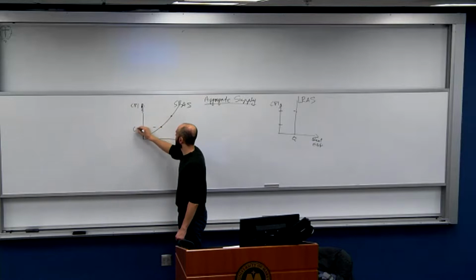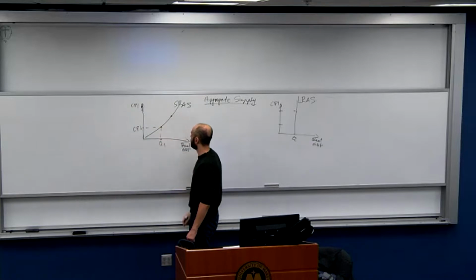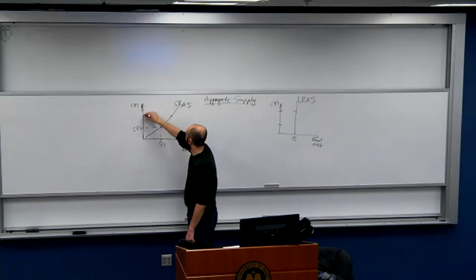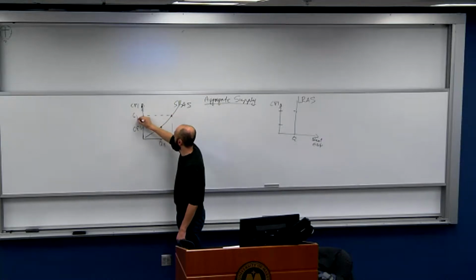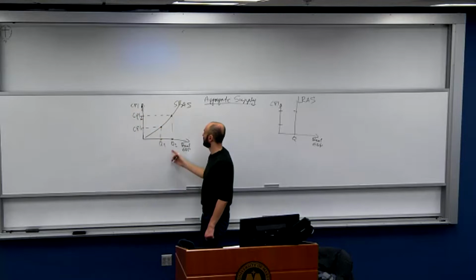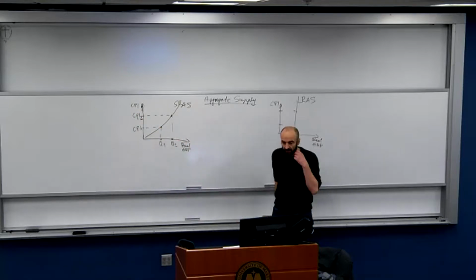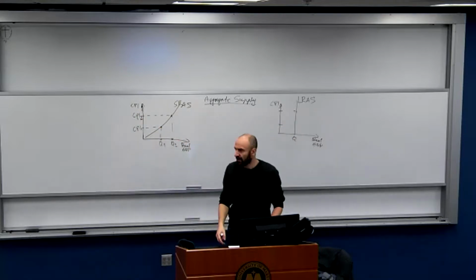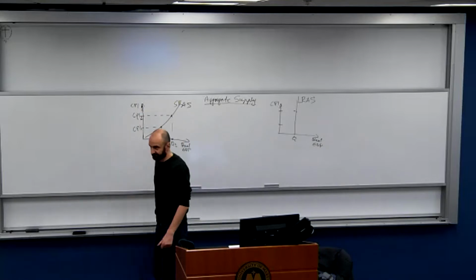Let's see. CPI 1, which is lower, you have real GDP 1, which is relatively low. The price level has gone up, and the quantity produced at that price level has gone up as well. What explains that? Two things primarily here.